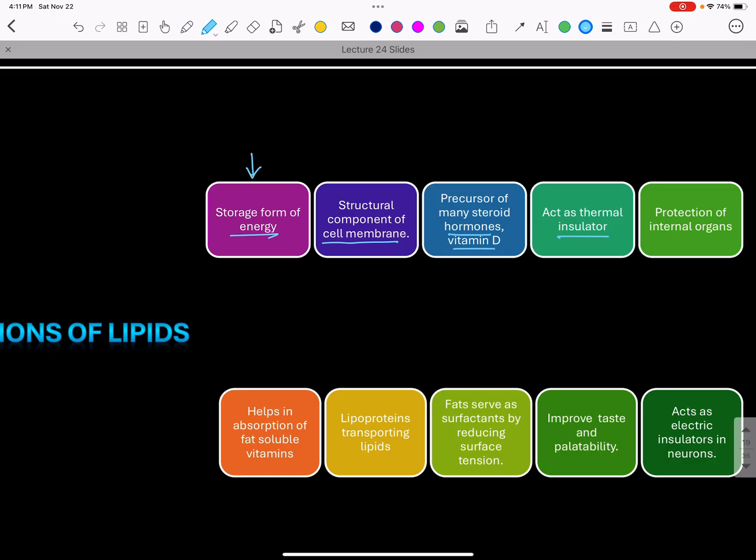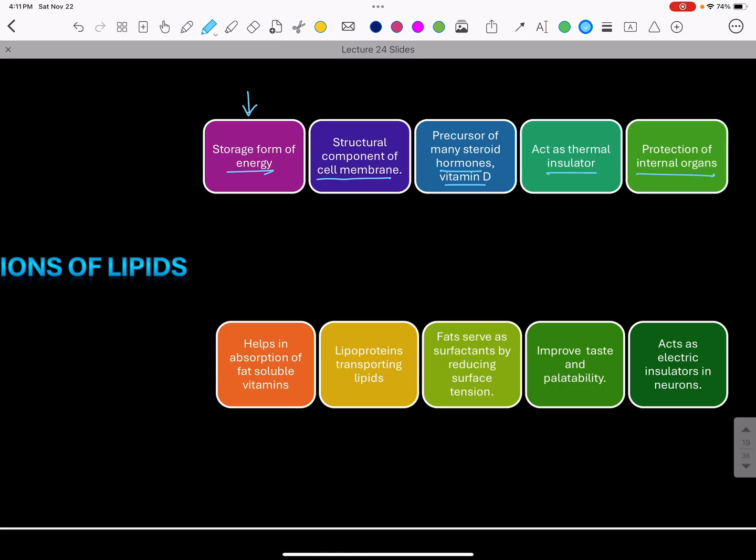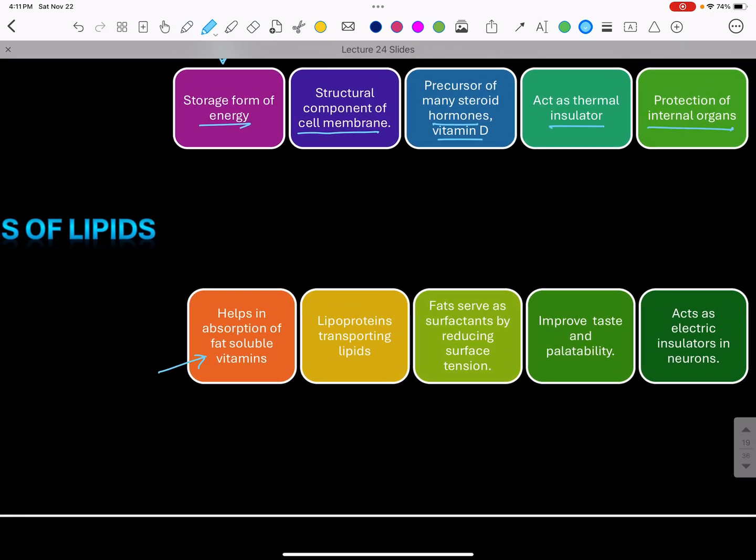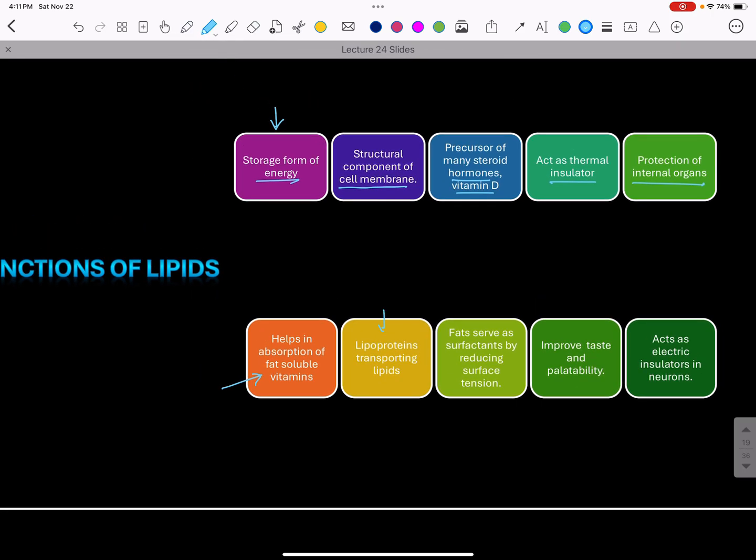They form the bilipid layer, so they protect the organs as well. Because of the fact that they are non-polar, they also help in the absorption of fat-soluble vitamins. They're important for transporting lipids in the blood. The lipoproteins, we're going to talk about that. Lipoproteins are proteins with lipids that are involved in transporting lipids within the body.